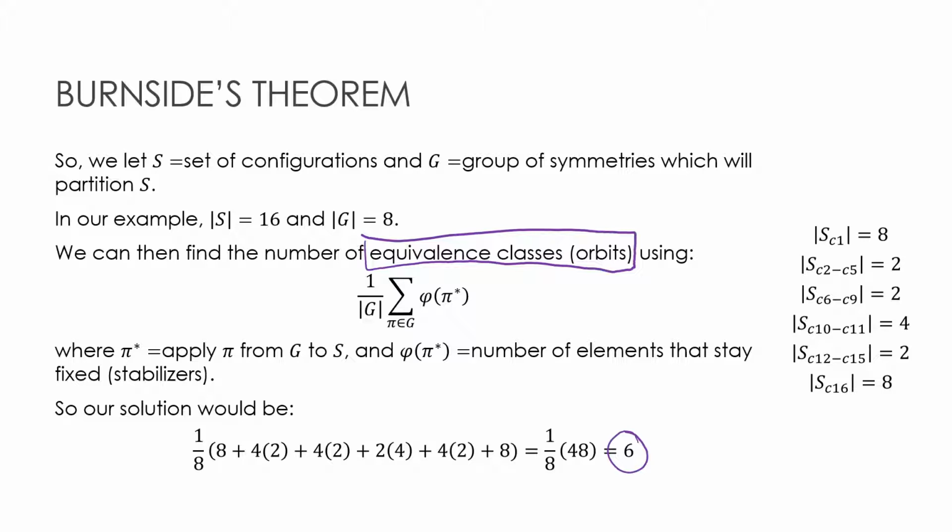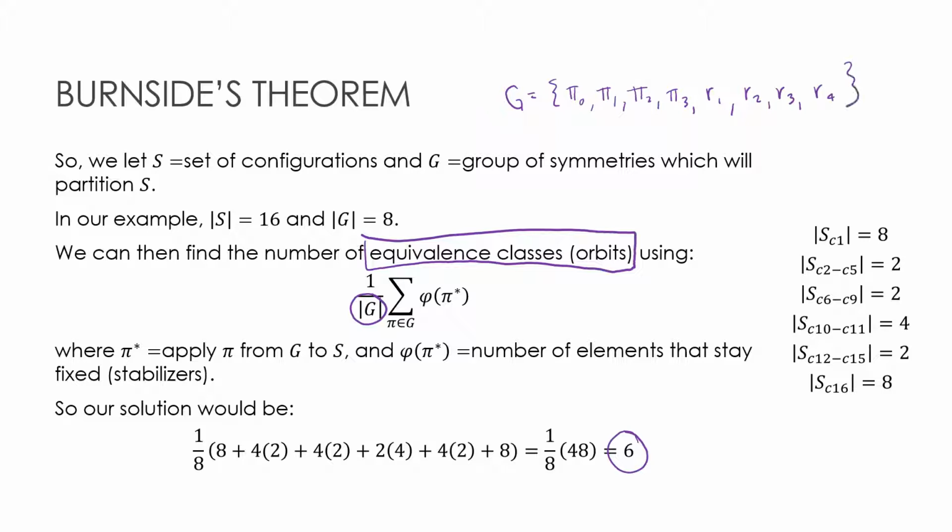So essentially they're saying take 1 divided by the size of G. So the size of, in this case, 8. And remember, G was our group of symmetries, which was pi 0, pi 1, pi 2, pi 3, R1, R2, R3, R4.